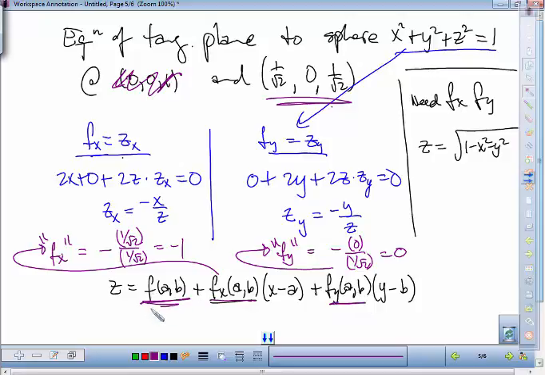What is this? Do you remember where f of ab came from? Do we plug in the three values in here? If we do, we're going to get 1 is equal to 1. That's not really useful. Why? So this f of ab, remember, is the z value of the point.